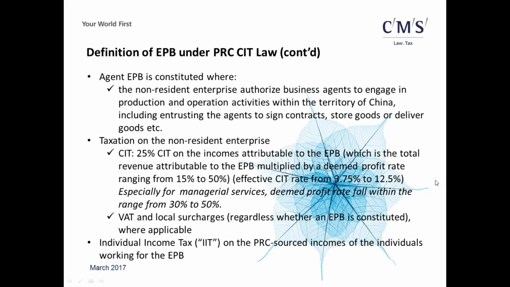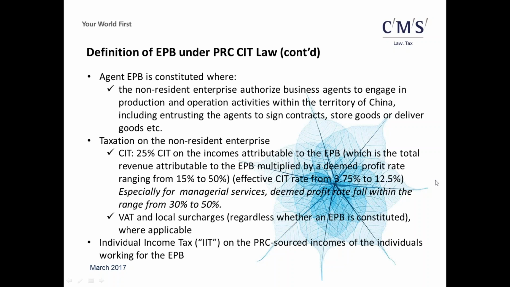If an EPB is constituted in China, the non-resident foreign enterprise needs to pay 25% corporate income tax based on a deemed profit rate ranging from 15% to 50% of the revenues attributable to the EPB. Apart from this corporate income tax, they also need to pay, for example, indirect taxes such as VAT and local surcharges.